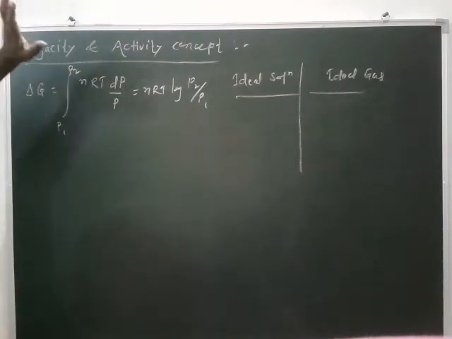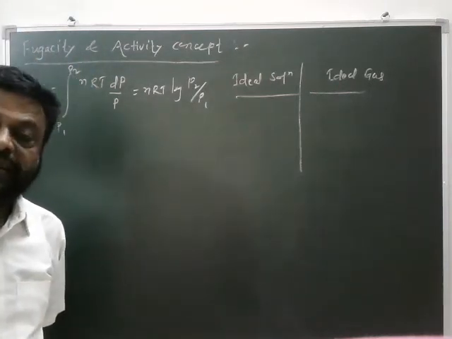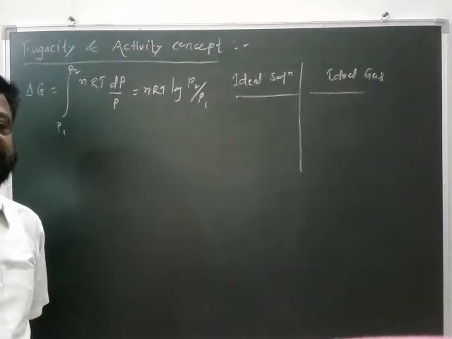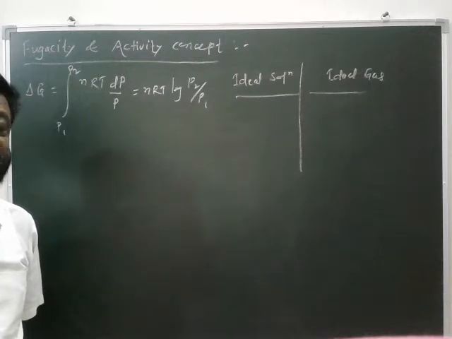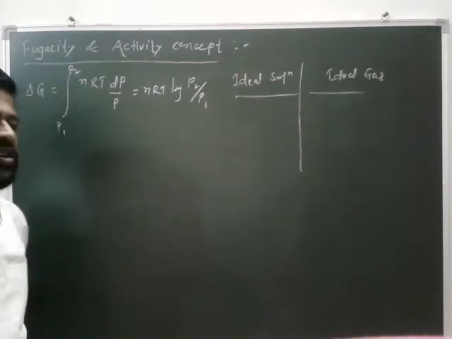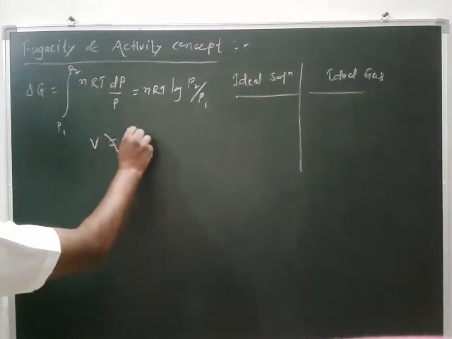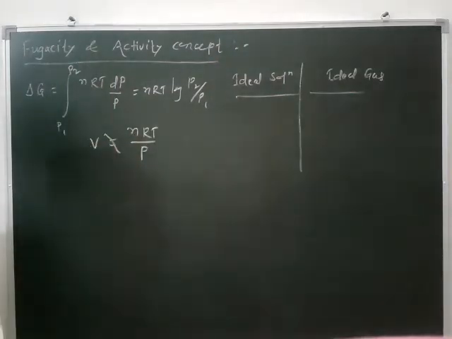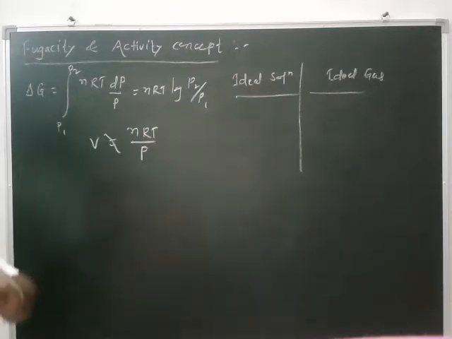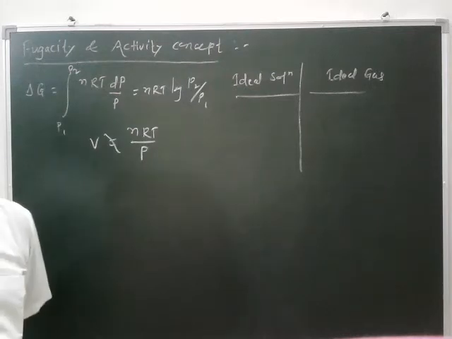So we can apply this relation to the solution at low concentration and the real gas at high pressure, but there will be deviation. Because of this deviation, gases at high pressures do not obey the ideal gas equation, and V is not equal to nRT divided by P. If this equation is not obeyed by gases at high pressure and solutions at low concentration, then this equation is not applicable.